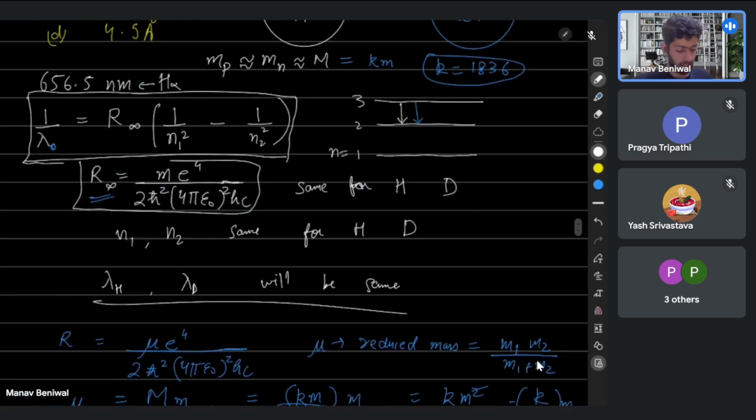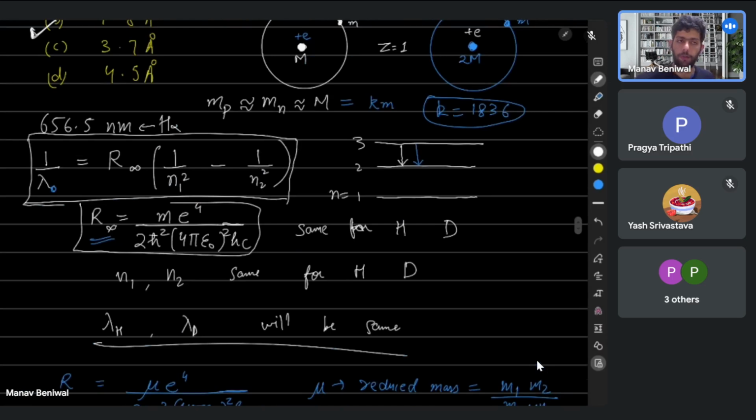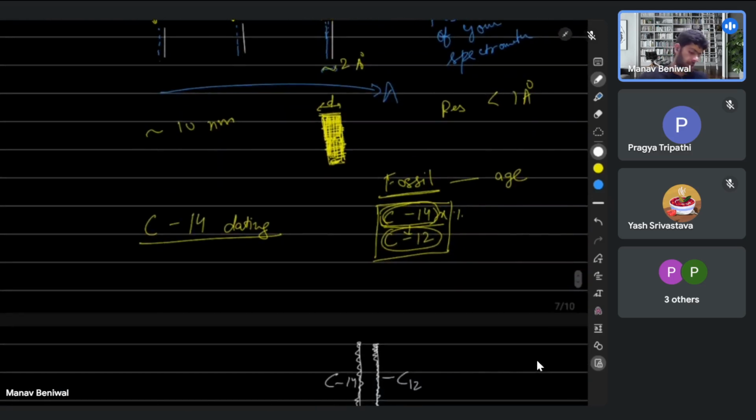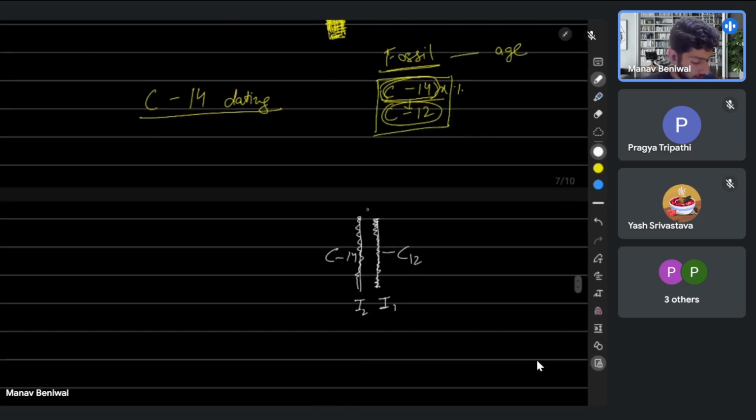And here in R infinity, you will also have to consider the mass of your nucleus, and then you will have a factor of z coming in here, right? Anyway, then you will be able to get this separation d, and then you know which one is carbon 14 and which one is carbon 12.